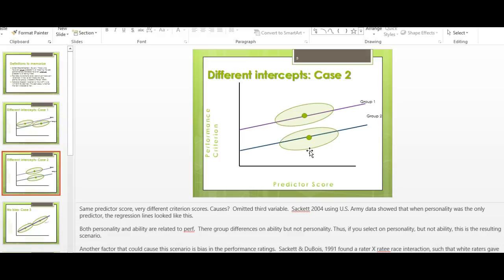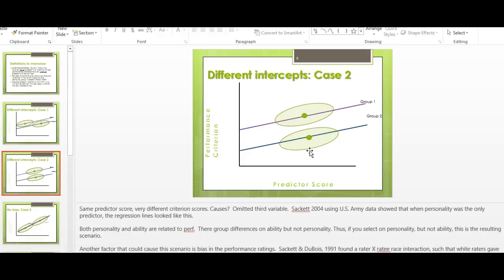But there's another scenario that would result in this pattern, and that is that we're not using a particular predictor in our selection test battery that is actually important to explaining performance.